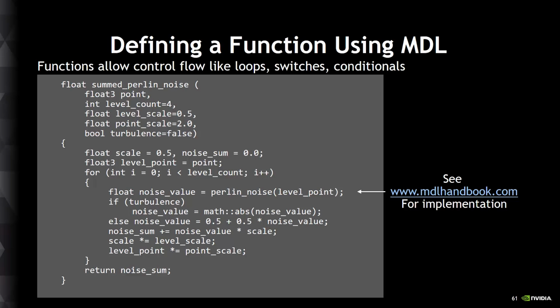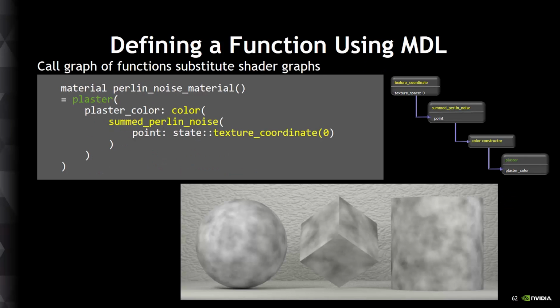It's called sum Perlin noise. It calls the basic Perlin noise function, whose implementation is described in more detail on the MDLhandbook.com page, at different frequencies, and sums them up to create something that looks kind of natural and useful. And if you now use that to color your cluster, you already get something that looks marble-like.